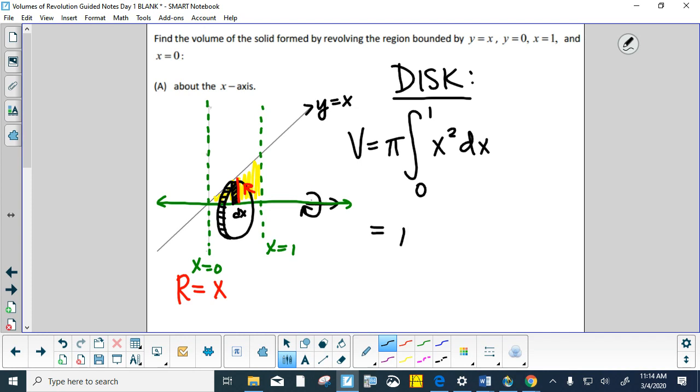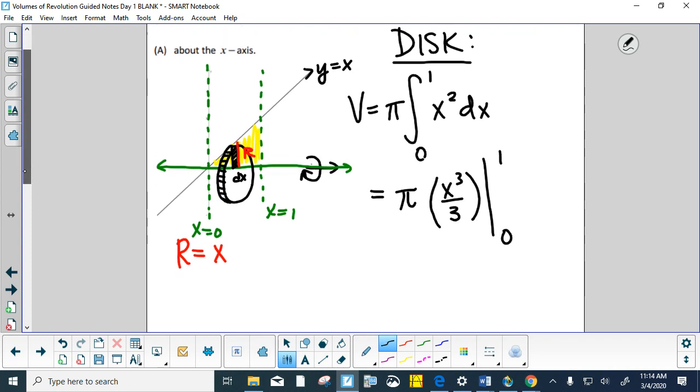So volume equals pi times, what is the antiderivative of x squared? X cubed over 3, evaluated between 0 and 1.